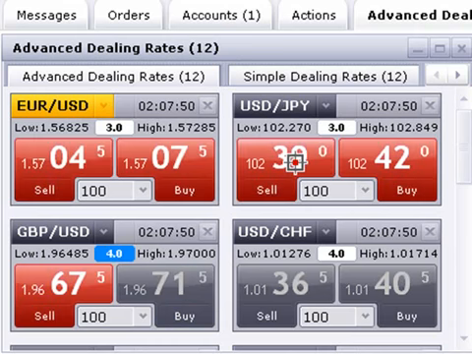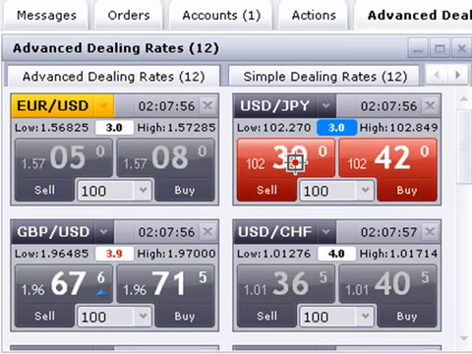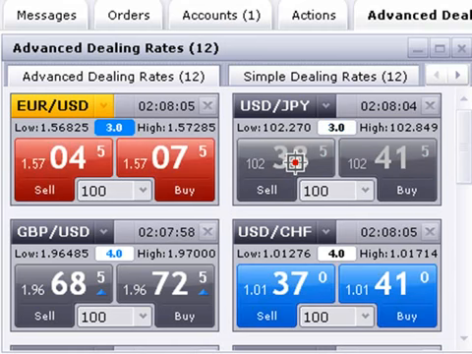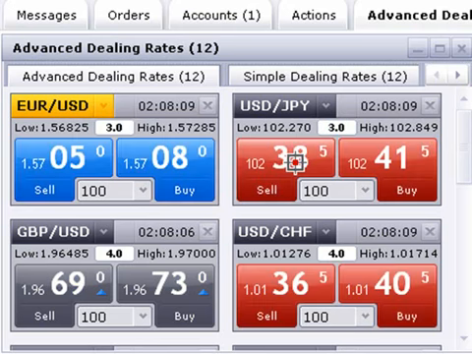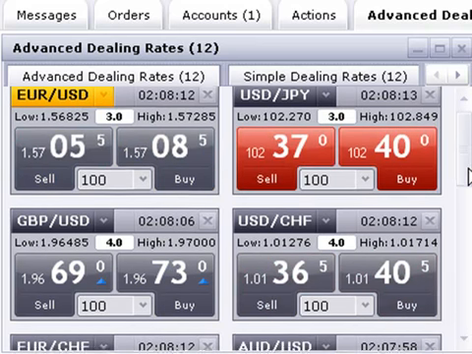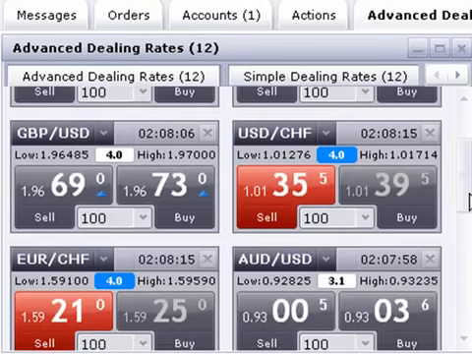As we discussed in our lesson on the main currencies of the world, the euro, yen, pound, Swiss franc, Australian dollar, New Zealand dollar, and Canadian dollar are the most actively traded currencies in the world against the US dollar. As you can see here in the quotes window, we have all those currencies quoted against the US dollar.